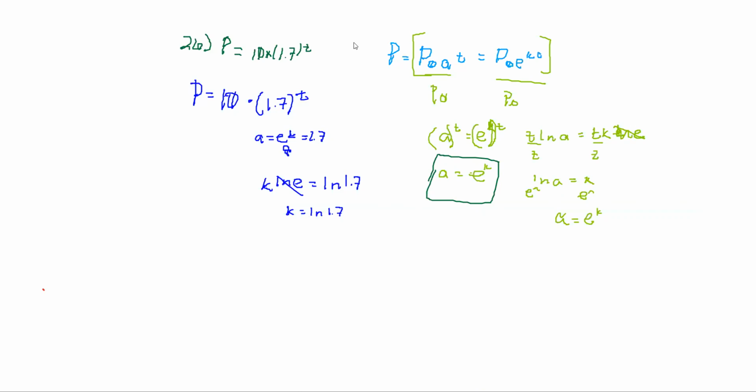So when you put it back in, p is equal to, this is still our p naught right there, 10 e to the natural log of 1.7 times t. And this is equivalent to 10 times 1.7 to the t. And that's how you convert between the two of them. You relate a and e to the k.